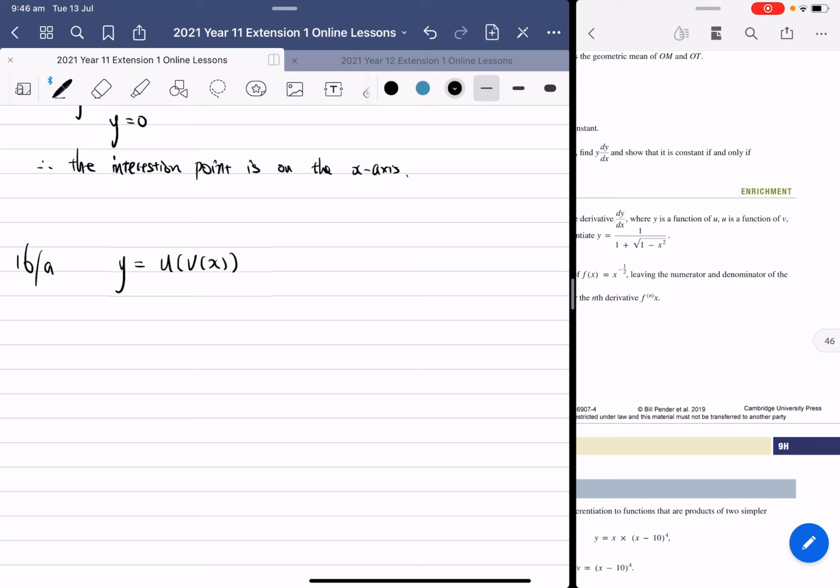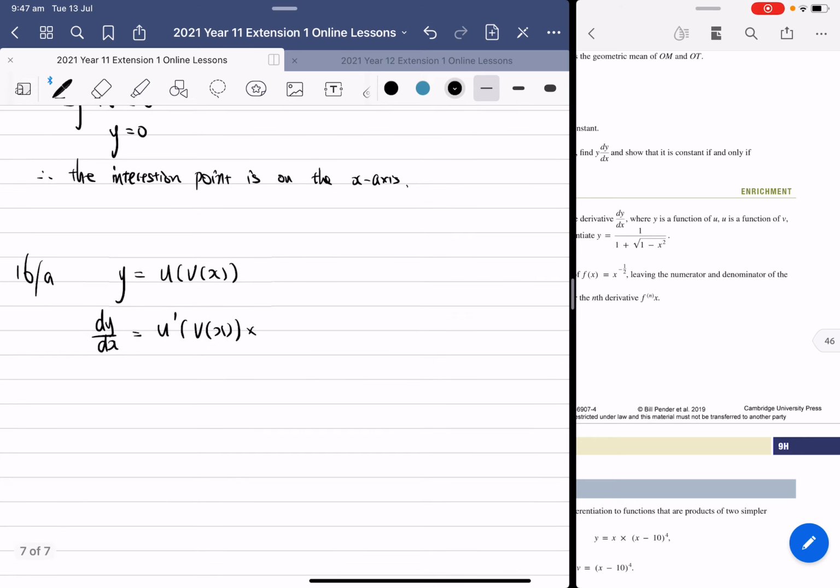To do this one, I'm just going to show you the quick way, and I'll show you two different ways. The way I would do it is dy over dx equals u dash times v dash times x dash.